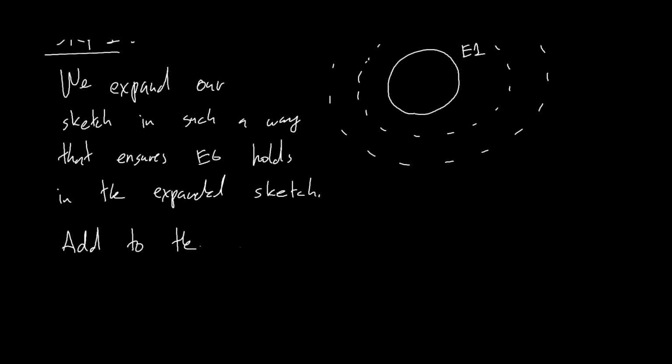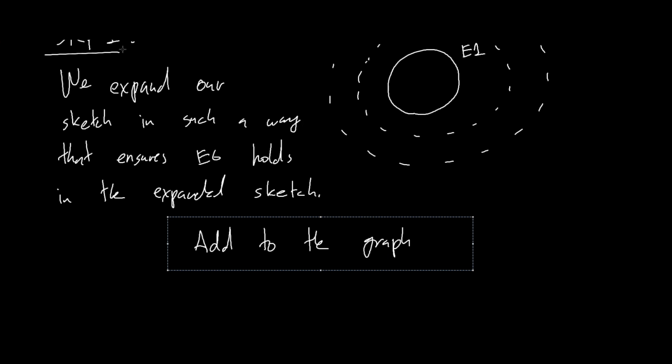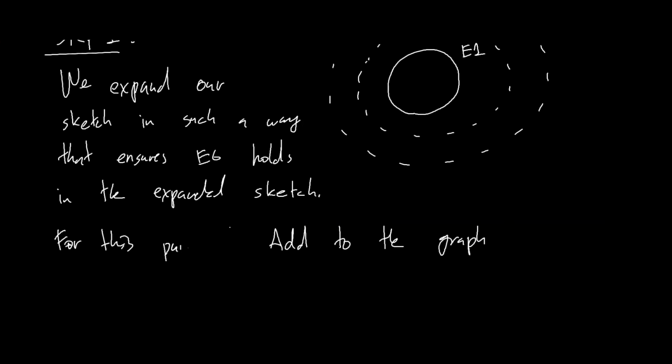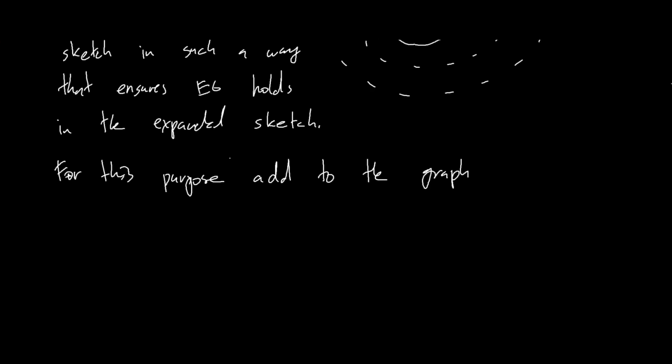Add to the graph formal morphisms, like in a formal linear combination, like when we are building a vector space out of given bases.